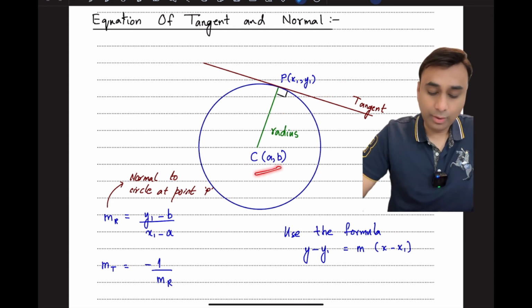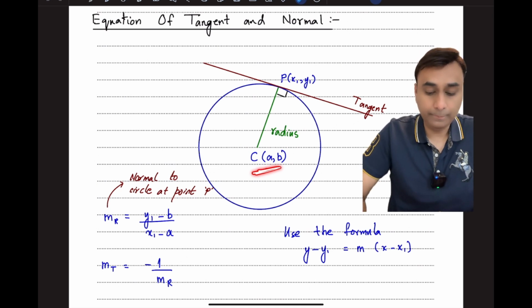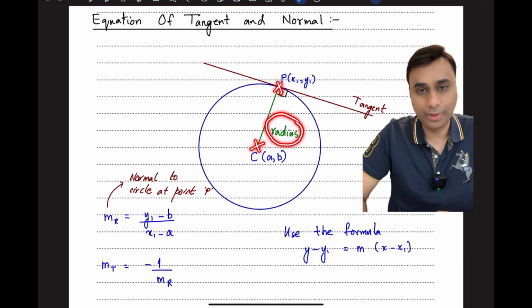So if you somehow have a point which is the center of the circle, and you have a point at which you have drawn a tangent, you can use these 2 points to find out the gradient of the radius, y2 minus y1 over x2 minus x1.